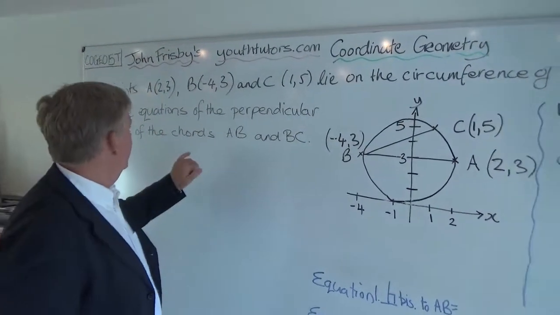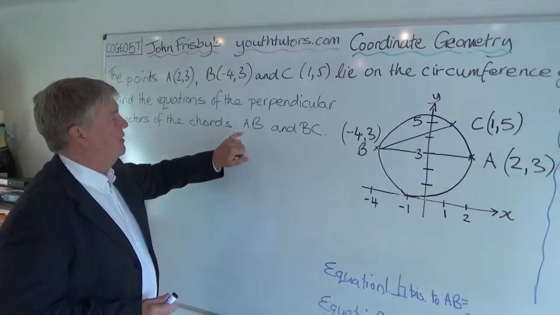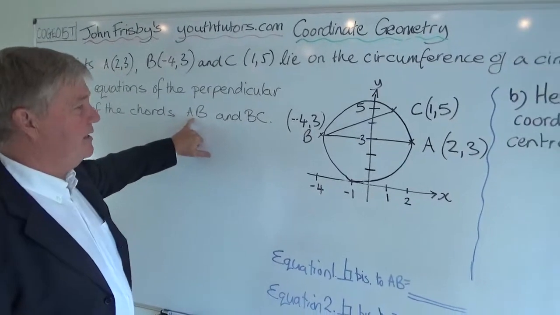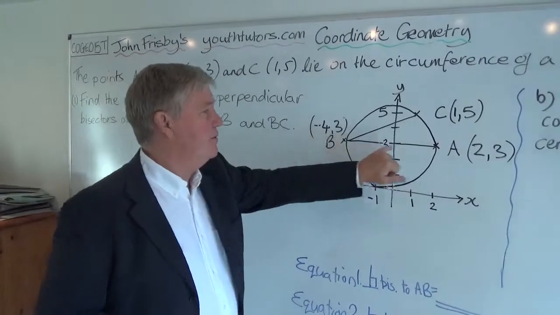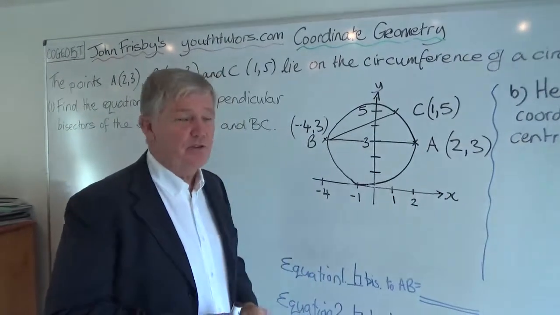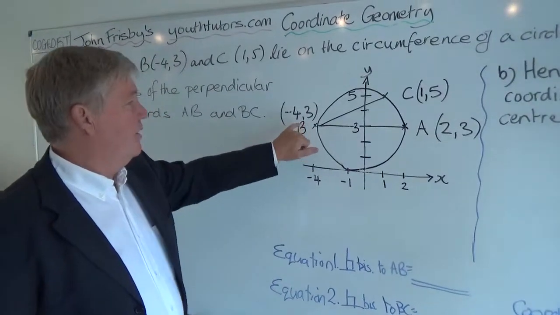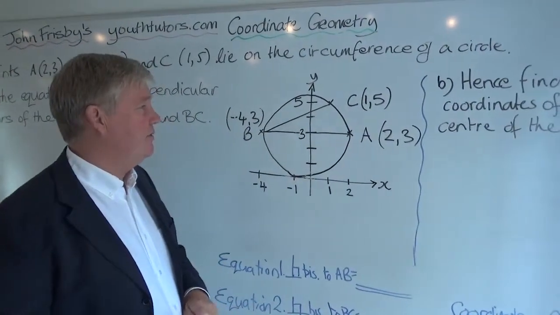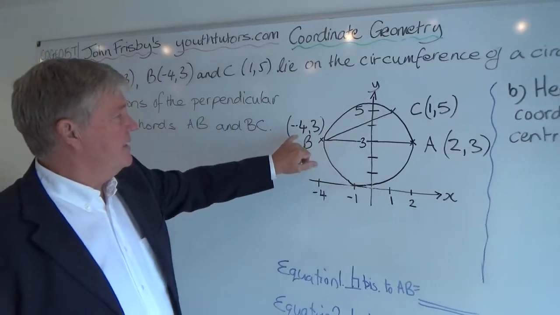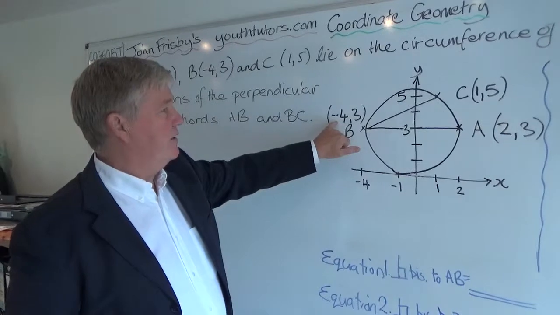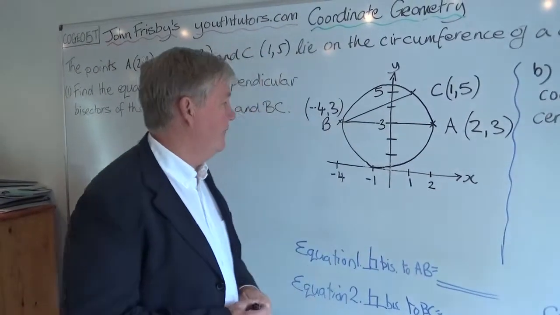So if we want to find the equation of the perpendicular bisector of AB, let's start with that. We can see that the y coordinates for B and A are both 3, so this is a horizontal line, y equals 3. From the x coordinates, it goes from -4 to 2, so it's 6 units long.